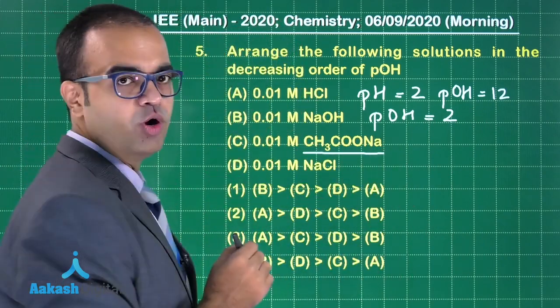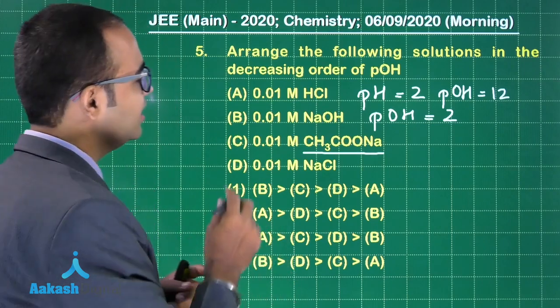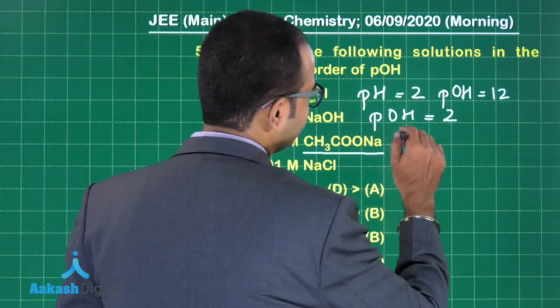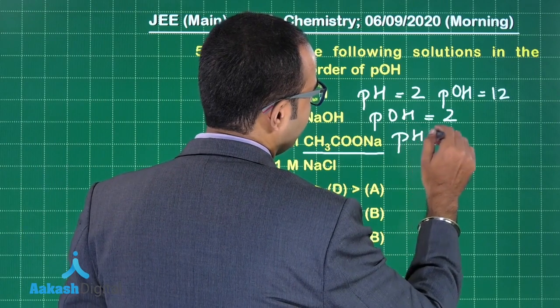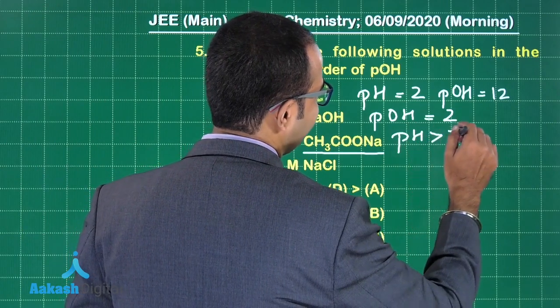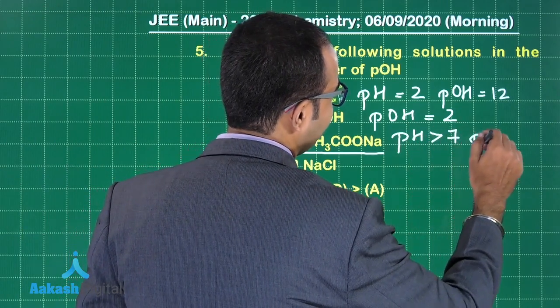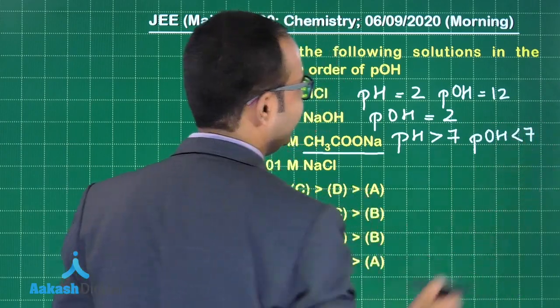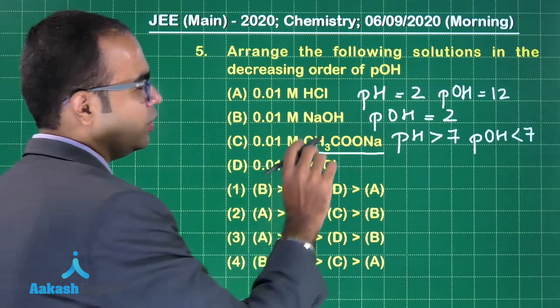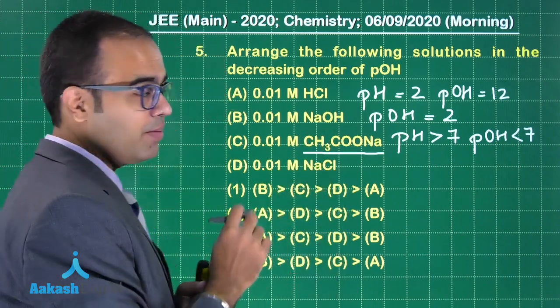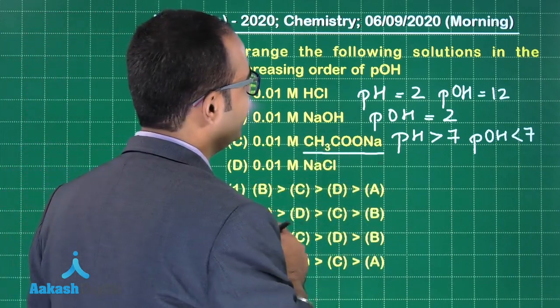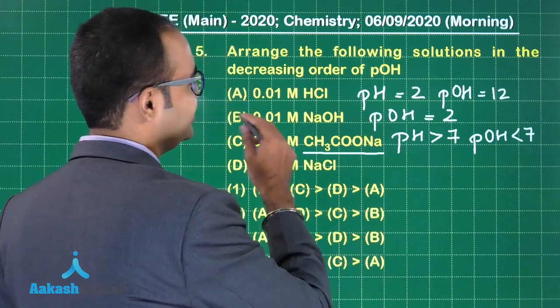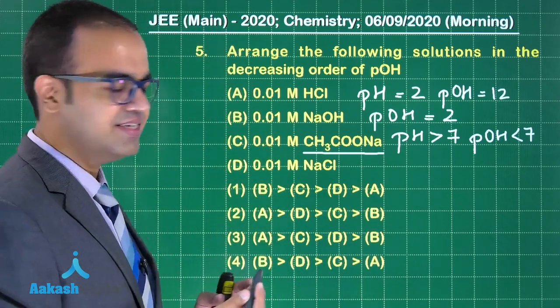Third solution, it is a salt of weak acid and strong base. So the pH would be greater than 7. If pH is greater than 7, then pOH would be less than 7, right? But it will be higher than the second solution.